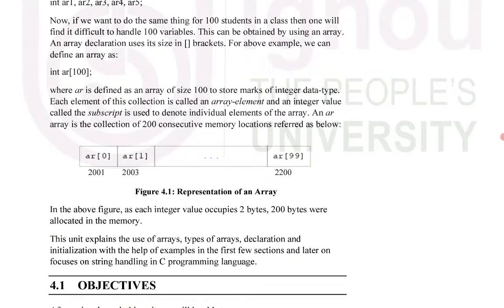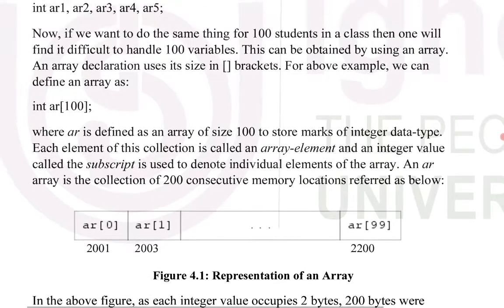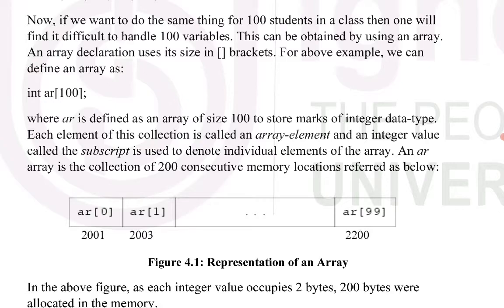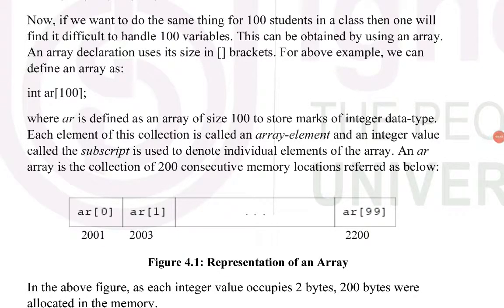Next, here is another example: int ar within brackets 100 semicolon. That is the syntax of creating an array. So why do we require arrays? In C language, and in any language, variables have some limitations.